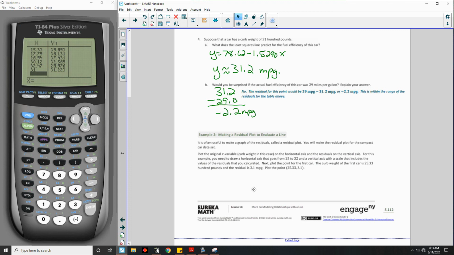For this example, you need to draw a horizontal axis that goes from 25 to 32, and a vertical axis with a scale that includes the values of the residuals that you calculated. Next, plot the point for the first car. The curb weight of the first car is 25.33 pounds, and the residual is 3.1 miles per gallon, so you plot the point 25.33, 3.1.